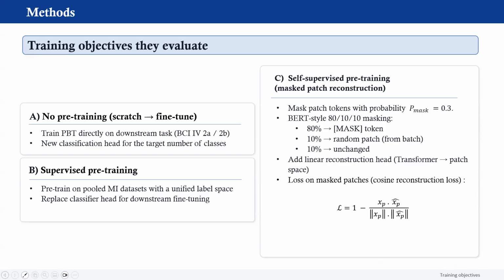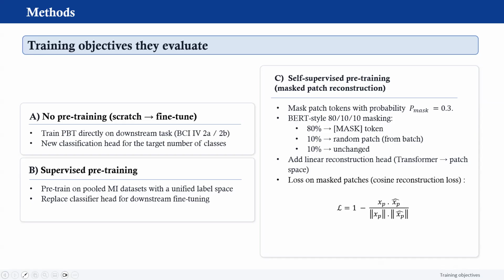So due to this technical property of EEG signals, what they have done is that they randomly manipulate patches along the time dimension and they mask with a probability of 30%. For the patch that is chosen to be masked, they use an 80-10-10 scheme, which is similar to what was used in BERT. Of the 30% of the tokens that are selected, 80% of them are masked, 10% are replaced with a random patch, and 10% of them are left unchanged.